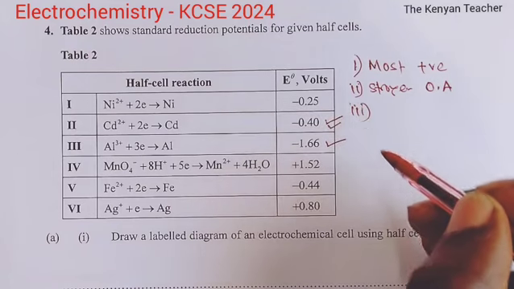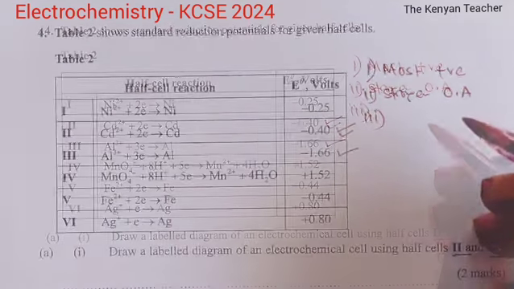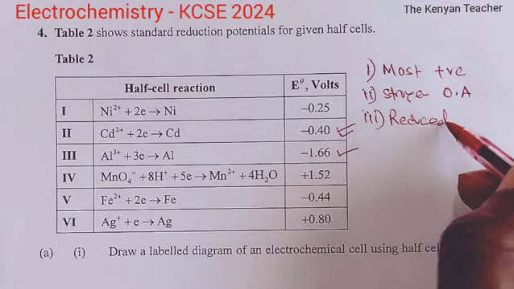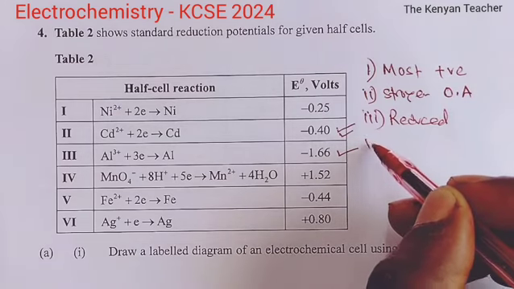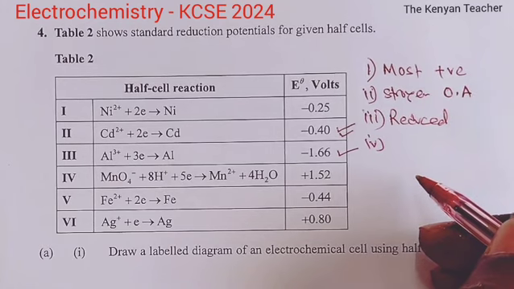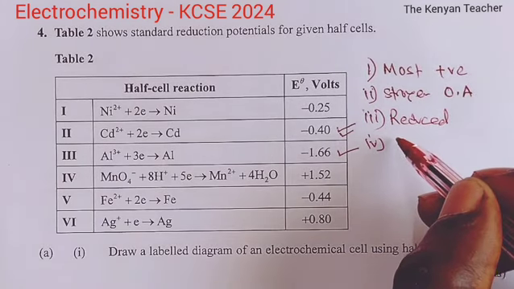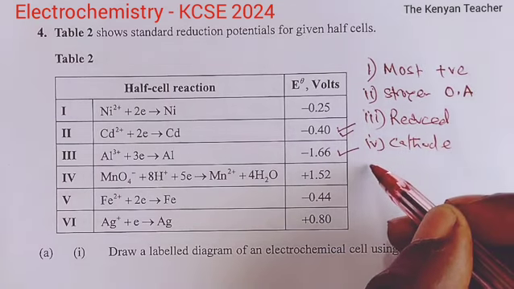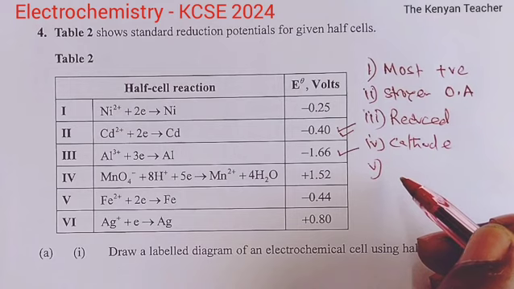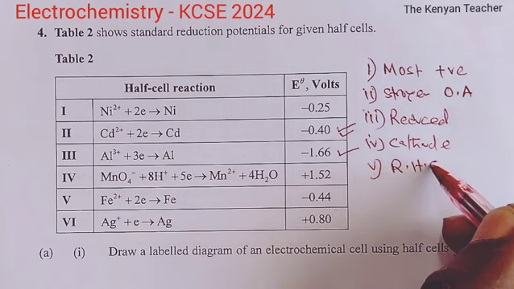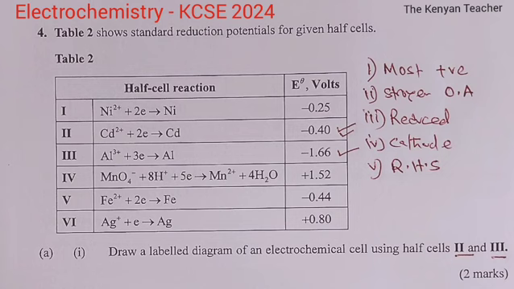Third memory item is that this oxidizing agent will always be reduced during the reactions. The fourth item is that the reduction process usually occurs at the cathode. And finally, as we draw the complete cell, cathode is the one that is always put on the right hand side.